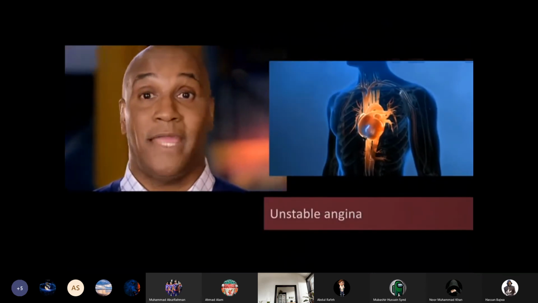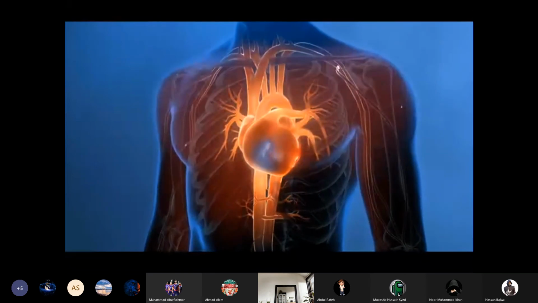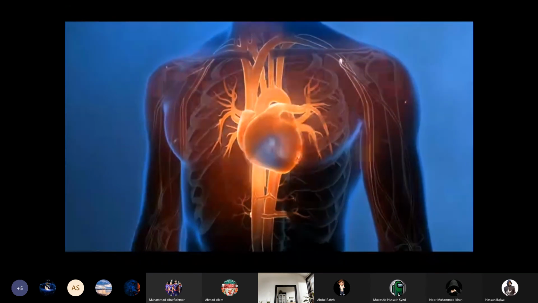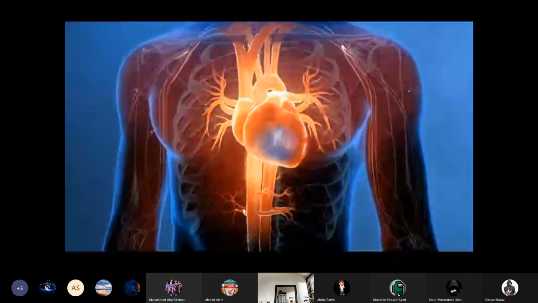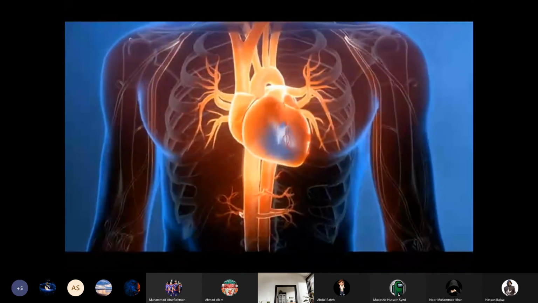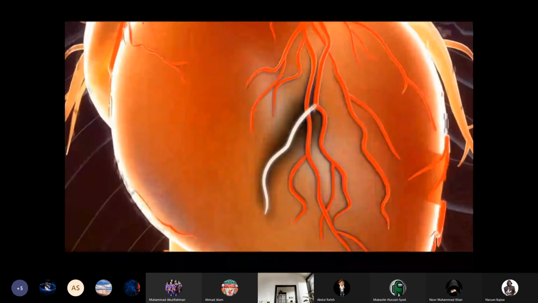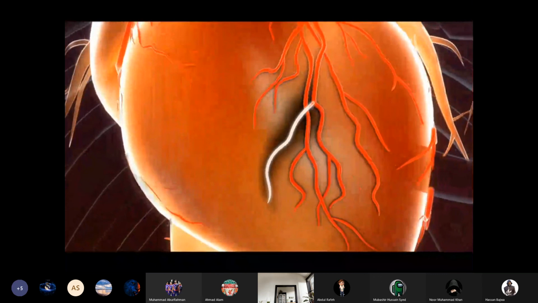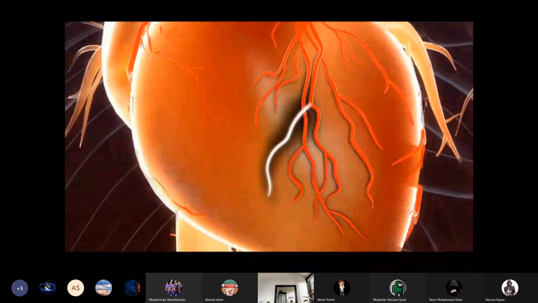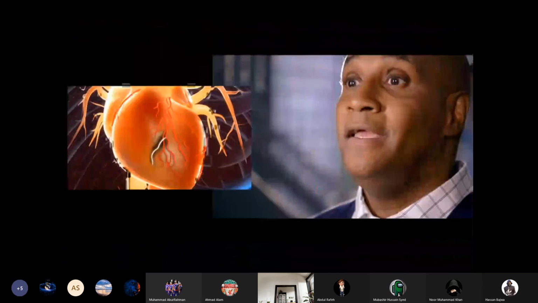One type is called unstable angina, which is a condition where a patient feels unexpected chest pain when resting. Unstable angina can progress to another type of ACS called a heart attack. During a heart attack, also known as myocardial infarction, part of the heart muscle dies because of lack of blood reaching it. Acute coronary syndrome is a life-threatening condition that requires urgent or emergency treatment.